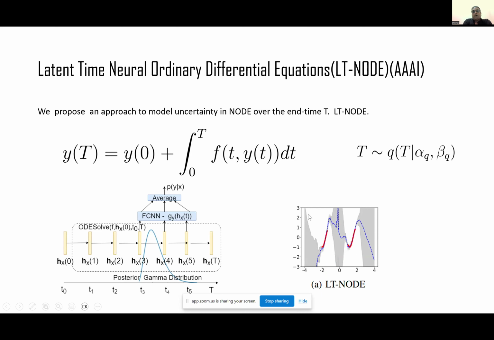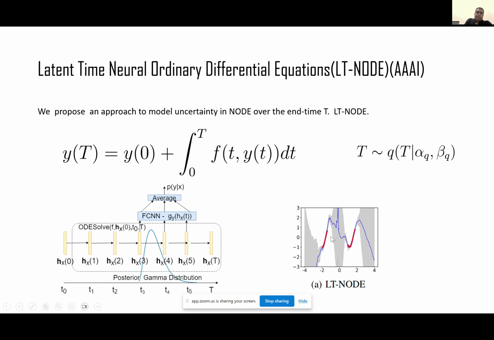The goal of Bayesian learning is that when you make a prediction away from the training data, your model should exhibit higher uncertainty or lesser confidence. You can see this is the toy dataset. The points in red color are the training data points, and the points in blue color are away from the training data.